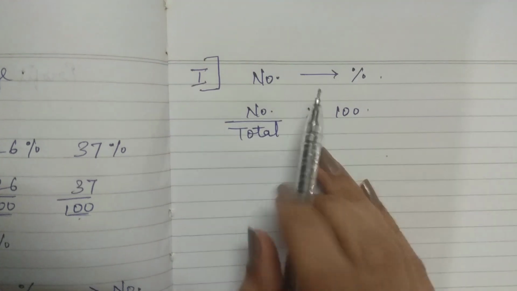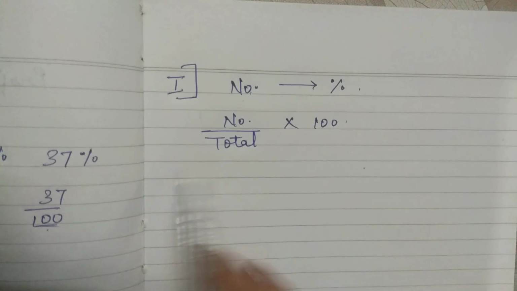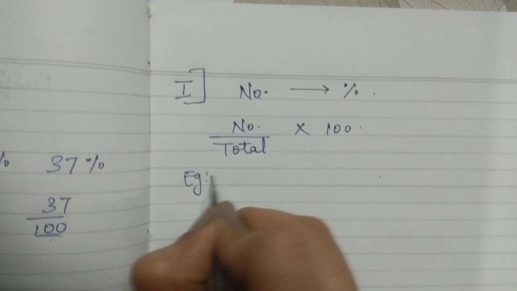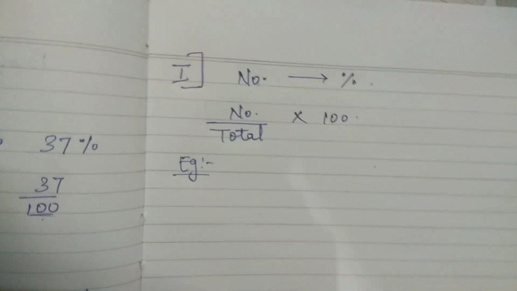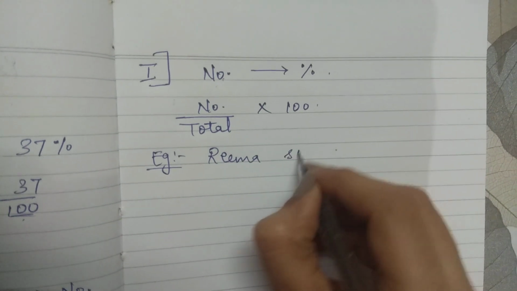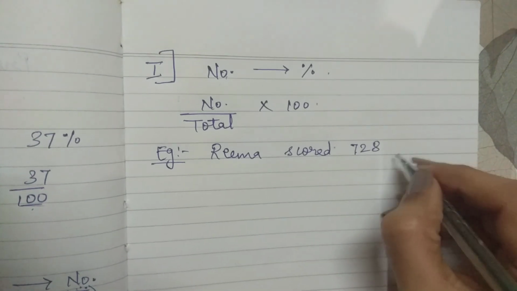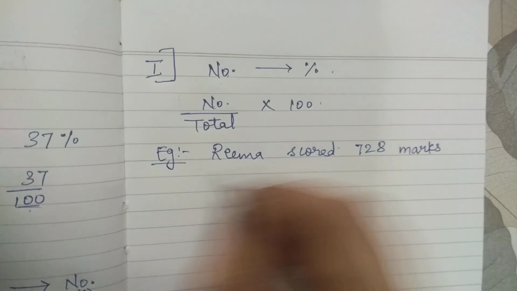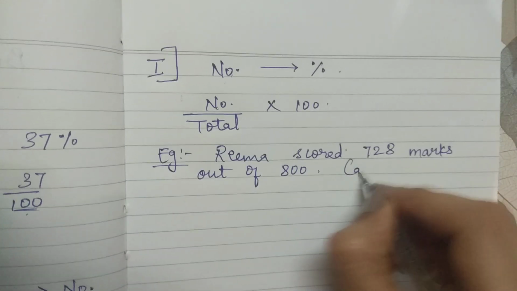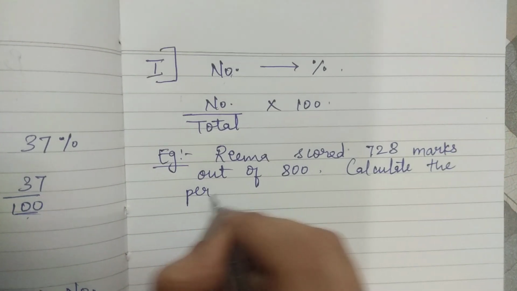Okay. So first we will see when we are converting number to percent. This is the formula as we saw before. Let's take one example. One common example we will take. Rima scored 728 marks out of 800. Calculate the percentage.